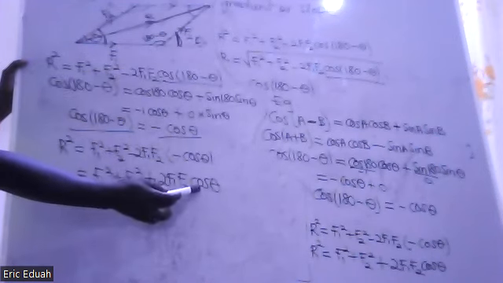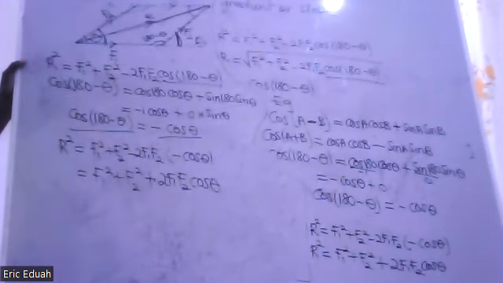So in determining the resultant force, you use either cos 180 minus theta or cos theta. When you are using theta, this will change to plus. When you are using 180 minus theta, it will be minus.